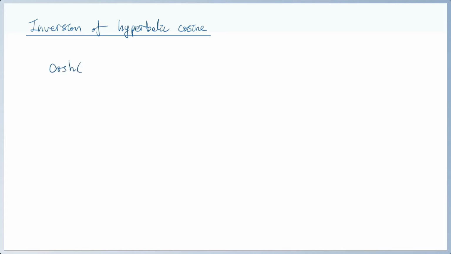Let's write this as cosh of t, which is defined as e to the power of t plus e to the negative t all over 2. And in the problem, we set this to be equal to x.